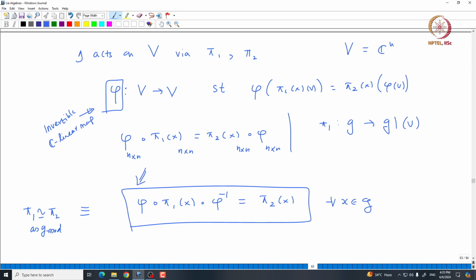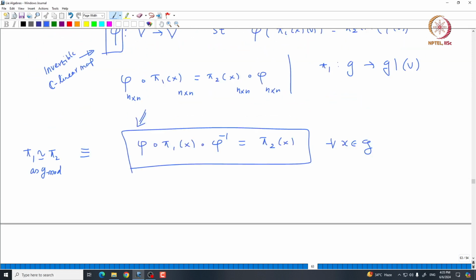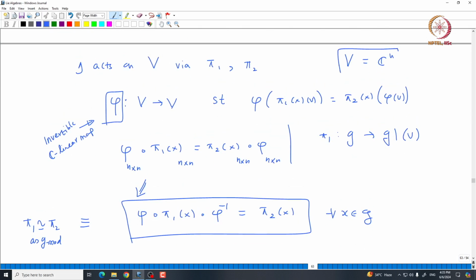Okay. So, let us see one example, okay, to convince you what this means. So, do not be afraid that we are taking the same space, okay, but we need to consider different actions. We need to compare various different actions of G on the same space.